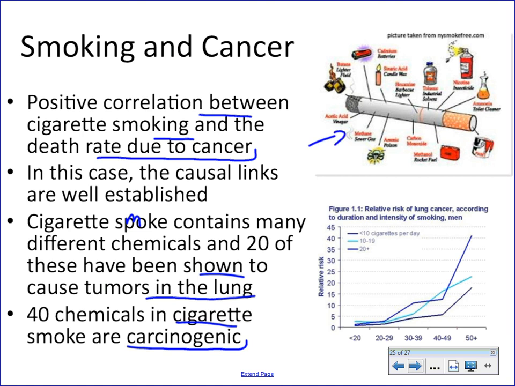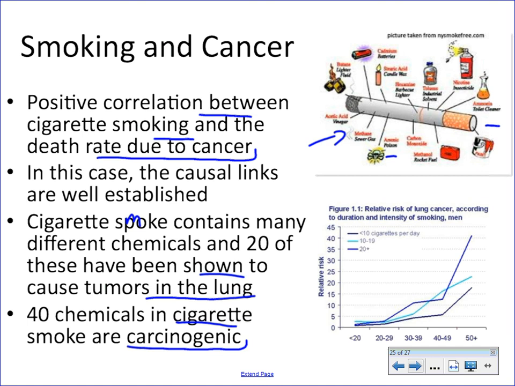The diagram of the cigarette shows the different types of chemicals that you can find in a cigarette. You can find things like arsenic, ammonia, and of course nicotine in there. There's often benzene, all kinds of carcinogenic compounds that when taken into your lungs can cause damage to those lung cells.